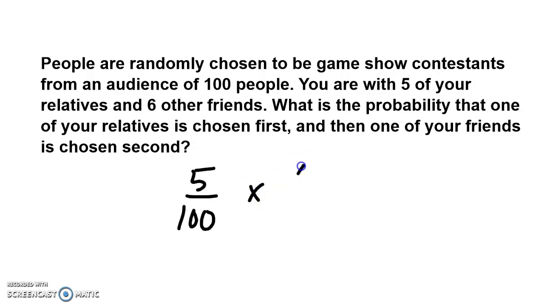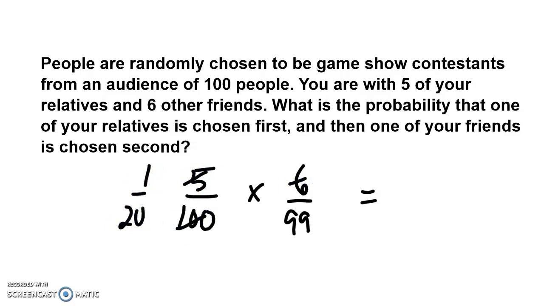Now you're down to 6 friends, but since it's dependent, are there still 100 people? I see you shaking your head. You are correct. There is not 100 people. There are now 99. What's the probability that that happens? Well, I can simplify these to make my life a little bit easier. So this is going to break down to 1 over 20.